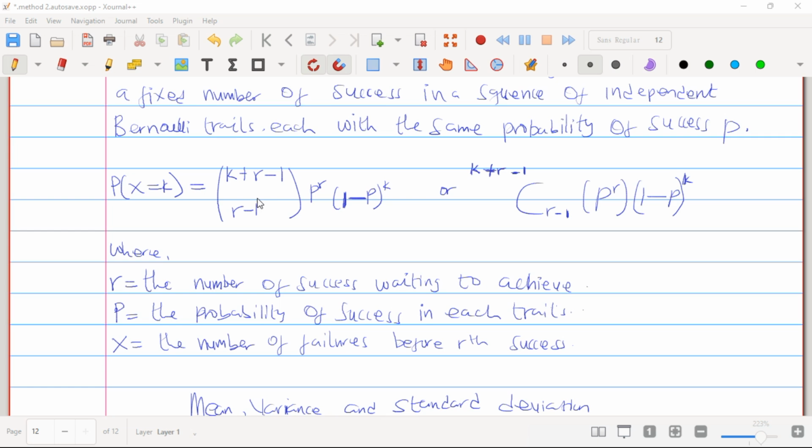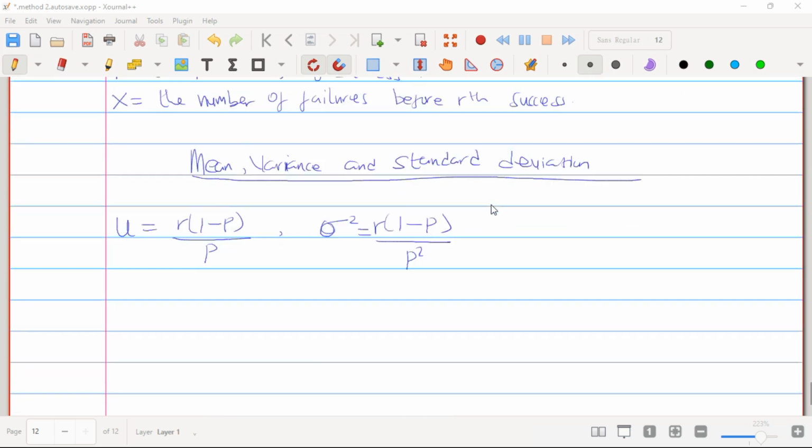So here we have K plus R minus 1 combination R minus 1, times P raised to the power R, times 1 minus P raised to the power K, right? So this is the PMF. Right now we know our K, we know our R, and we know our P inside this PMF. This is how the PMF looks like.